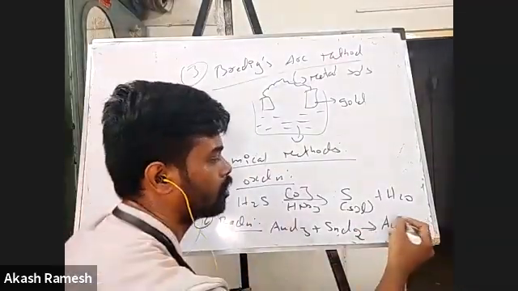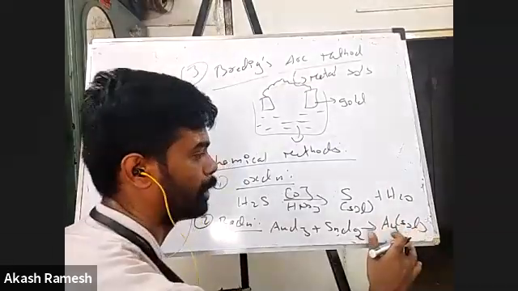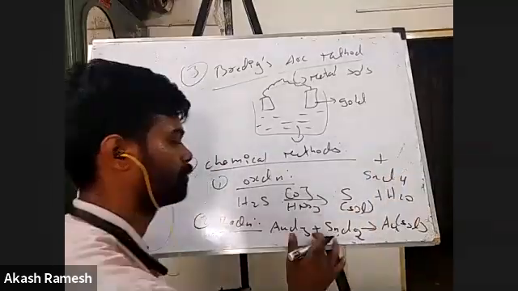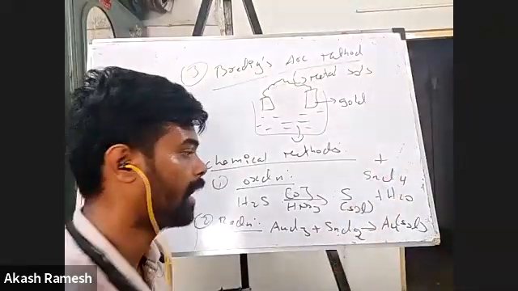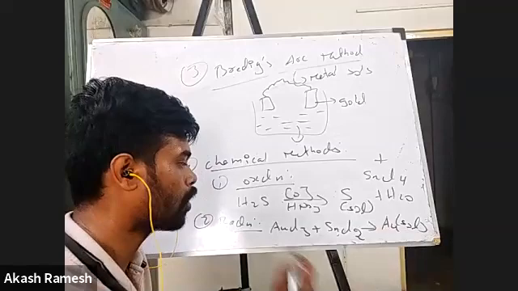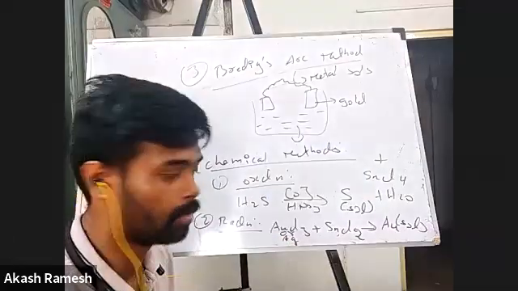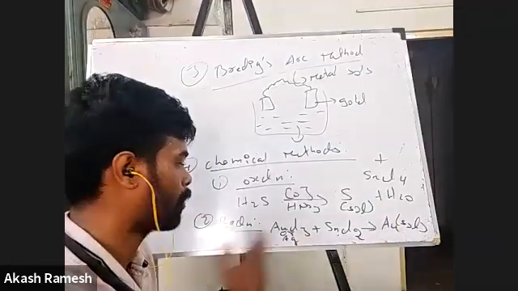Now this is my gold sol, and I don't have space, I'll write it here. Plus you will be getting SnCl4 for this. So again, you can see this can be gold or silver, this can be Au or Ag. Both can be used.